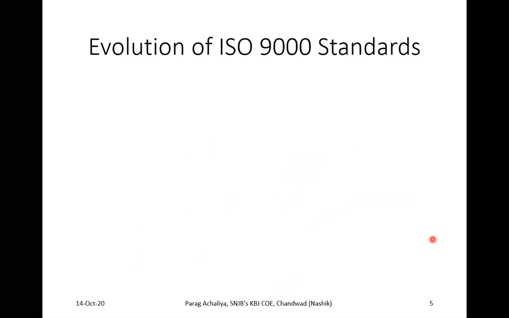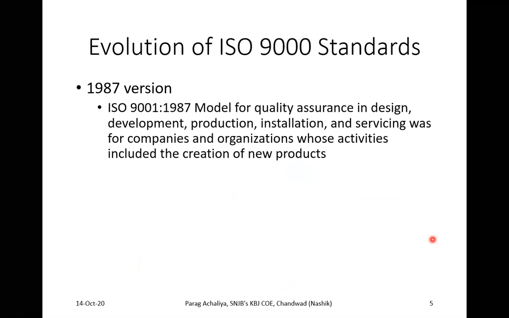Now let us see the evolution of the ISO 9000 standard. How this ISO 9000 standard comes into the picture. We will see the evolution of this standard. The very first version was developed in 1987. It was named the 1987 version. This ISO 9001 1987 model for quality assurance in design, development, production, installation and servicing was for companies and organizations whose activities included the creation of new product.